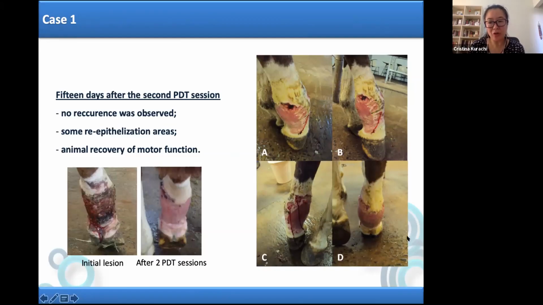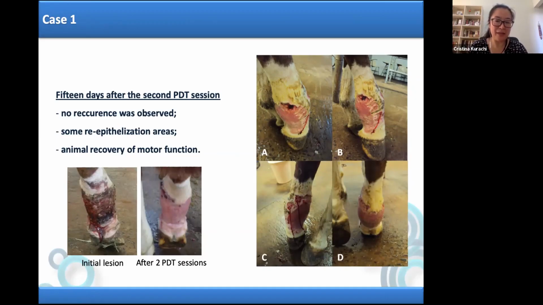The motor functionality of the horse's paw was recovered, and the animal was already having nice motor function. This is the first clinical aspect, and this is after the second PDT session. We could even see some areas of reepithelialization, which is only possible when we have control of the infectious disease.